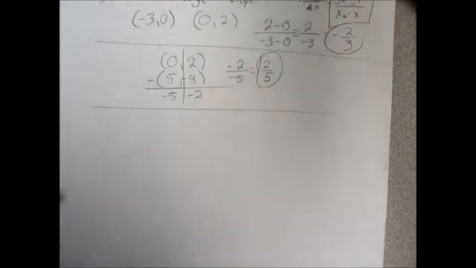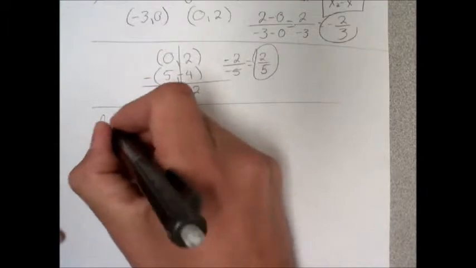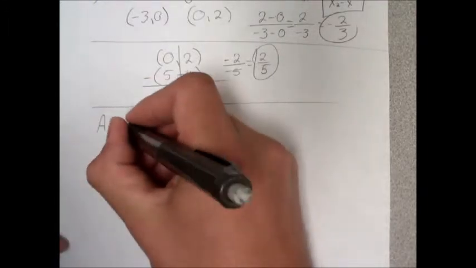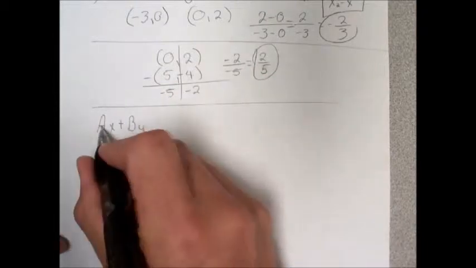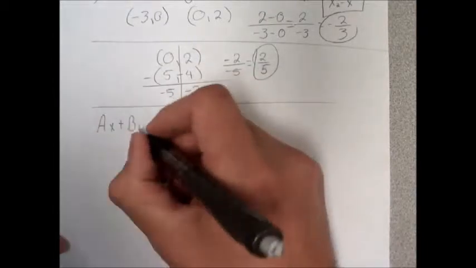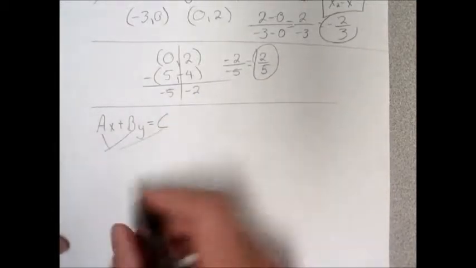All right, let's move on to a couple of the different forms that we'll see. Okay, the one that we need to get a little more familiar with, because we're not as used to seeing it, is standard form. So it's capital A x plus capital B y equals capital C. Now, all of these capitals are just constants.